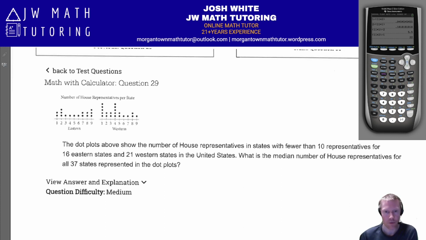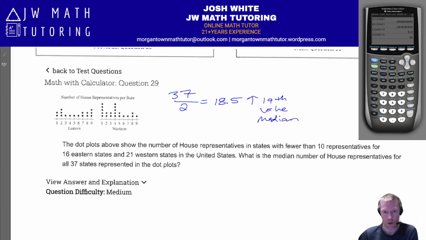So basically there are going to be 37 total. And if you remember what I said earlier, we take 37 and divide that by 2. That comes out to 18.5. Therefore, it's going to be the 19th value that's the median value here.